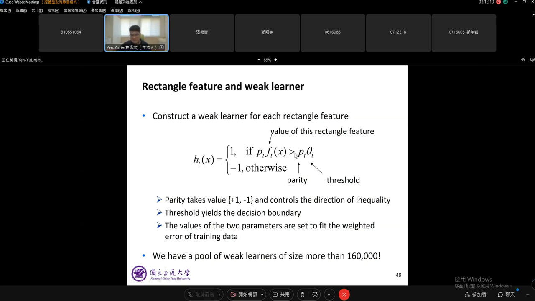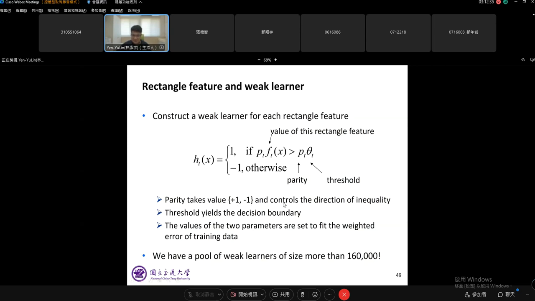However, this is a fixed inequality. If we want to control the direction of this inequality, we can consider one additional learnable parameter, p_t. It is called parity. Parity p_t takes a value of either +1 or -1.